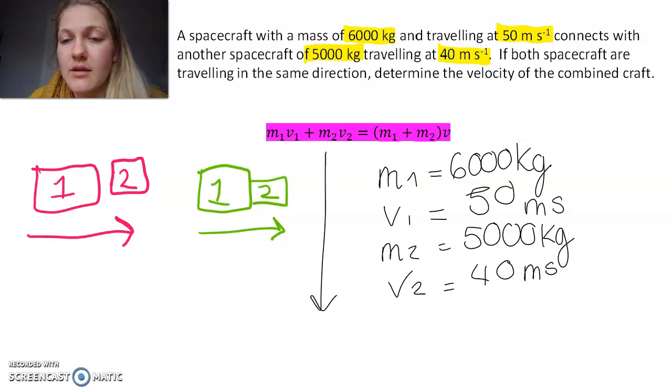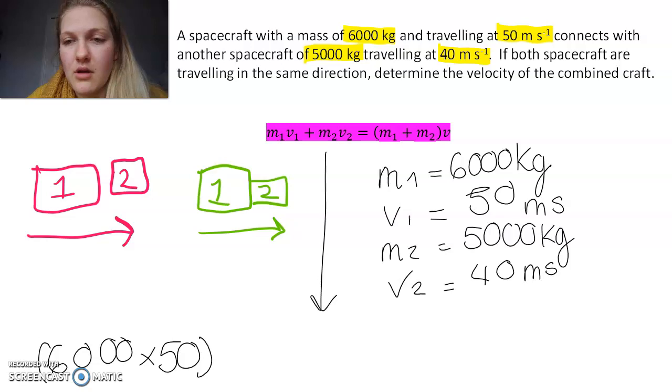So if I bring that down here, I've then got 600 times 50 plus my M2, which is 50, times my 40.